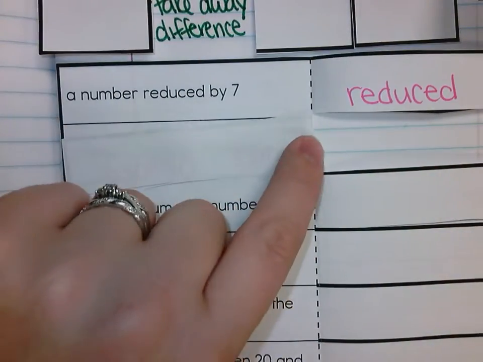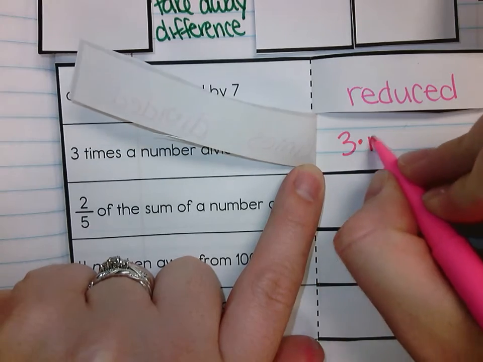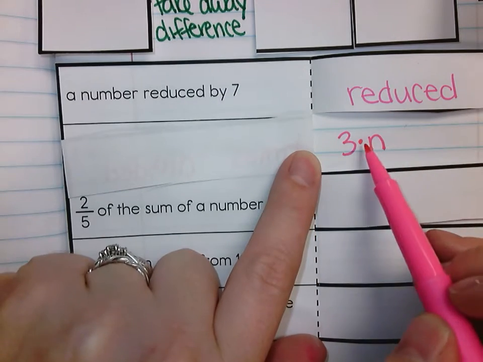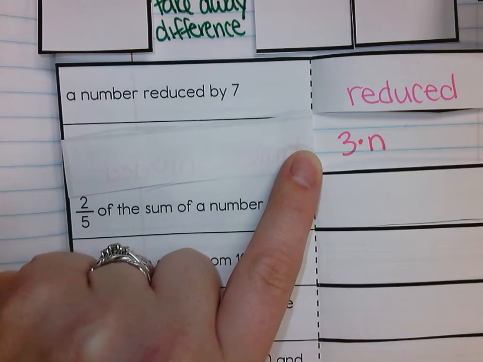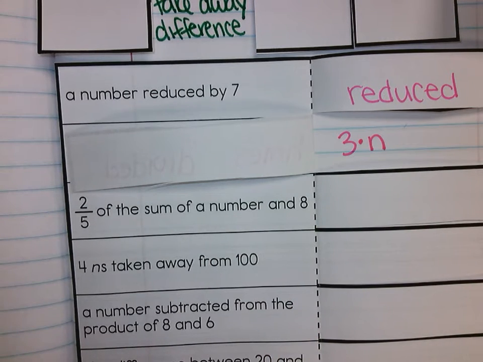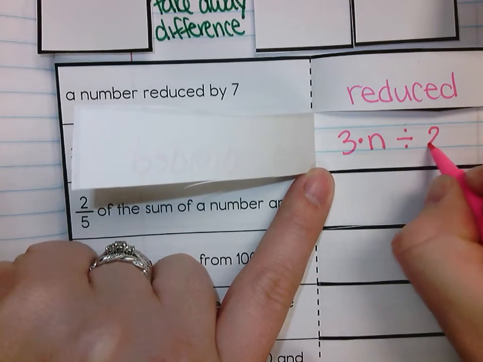Okay. So our answer here is 3 times a number. You can use the multiplication sign, or you can just put a 3 and an n together. Divided by 2.